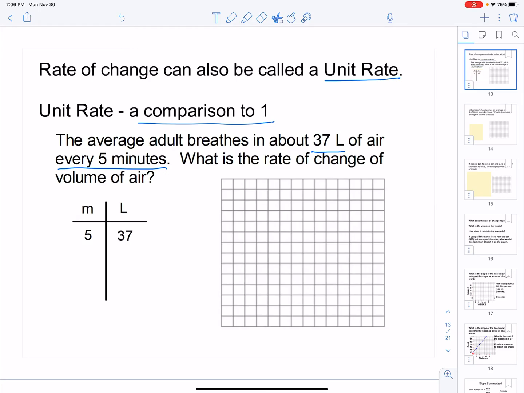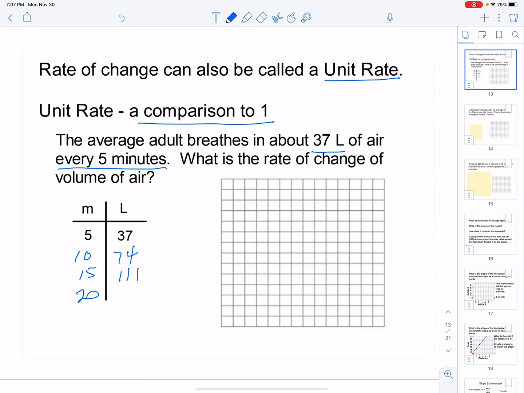Here's the beginning one, where M stands for minutes and L stands for liters of air. So for 5 minutes, 37 liters of air. What would it be for 10 minutes? Well, if 5 minutes is 37, 10 is double that, so we would double the 37 to get 74. What if we had 15? Well, we would add 37 more, and we'd end up with 111.